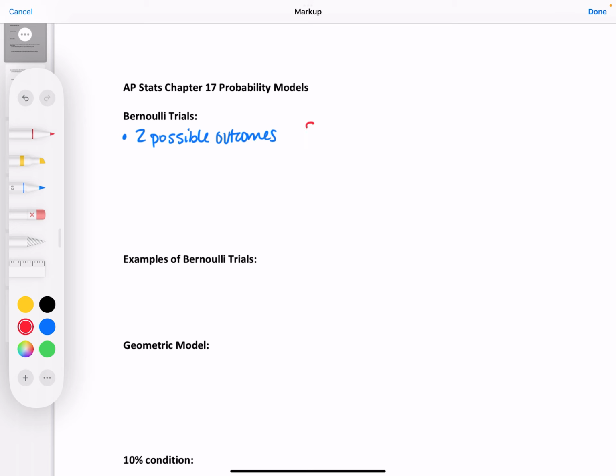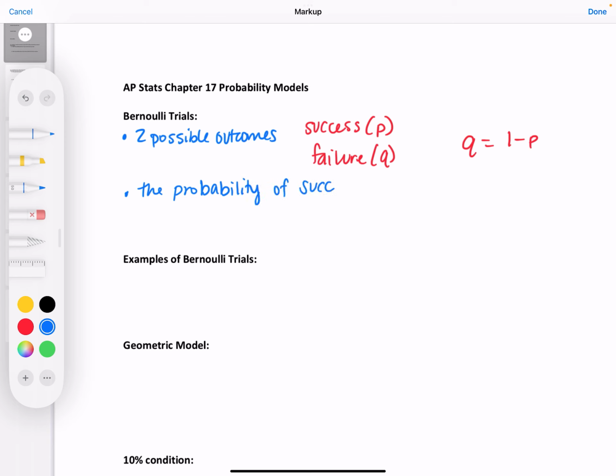We either have success, P, or failure, Q, and Q is equal to 1 minus P. The probability of success always stays the same, and trials are independent.